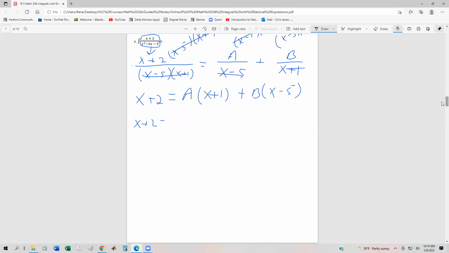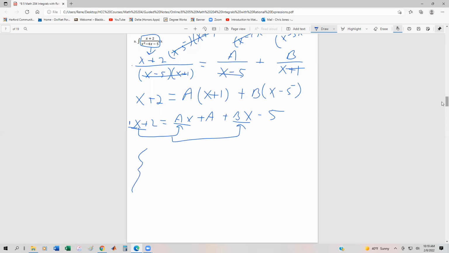So we get x plus 2 equals Ax plus A plus Bx minus 5B. And whatever the coefficients of x are on the left should be the coefficients of x on the right side. Okay, so notice that we have an x on the left-hand side, which has a coefficient of 1.